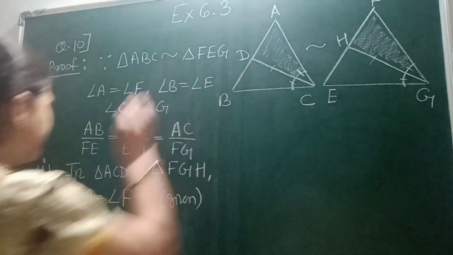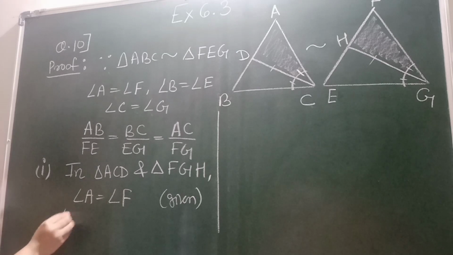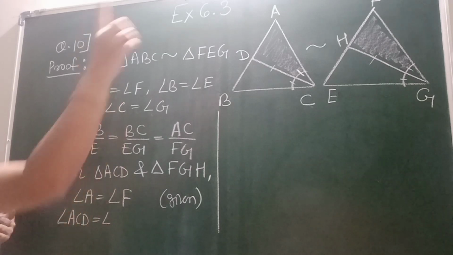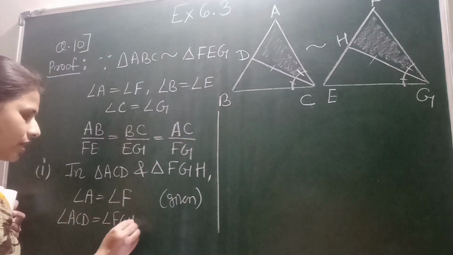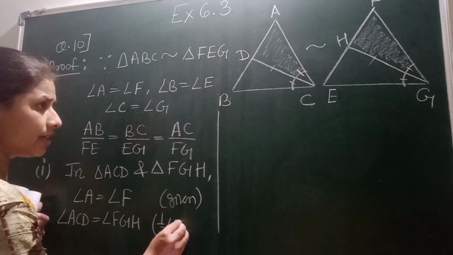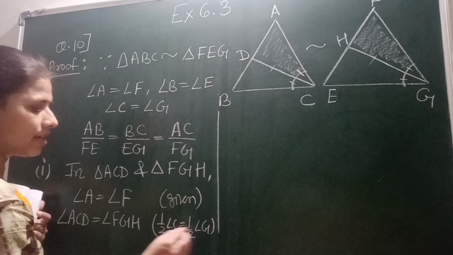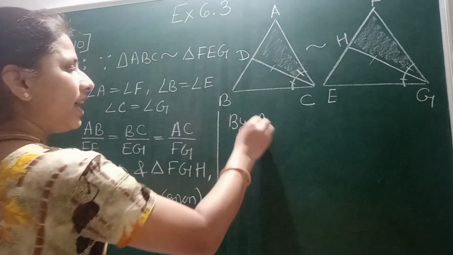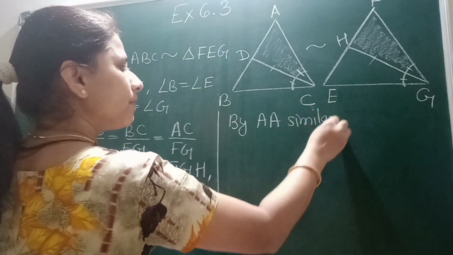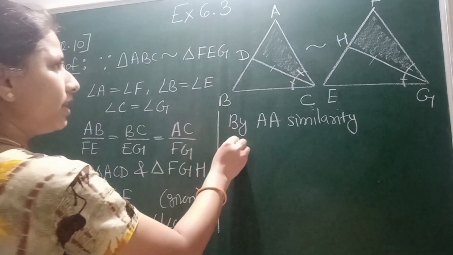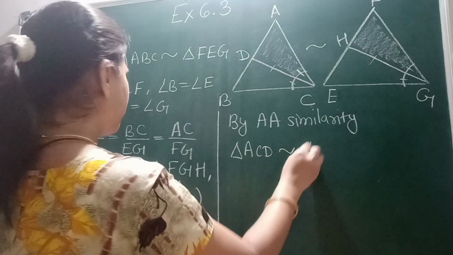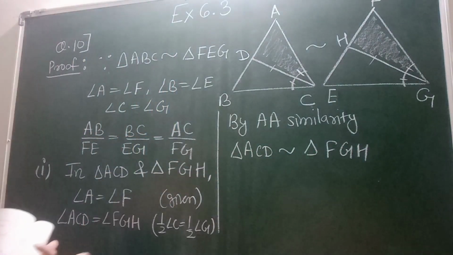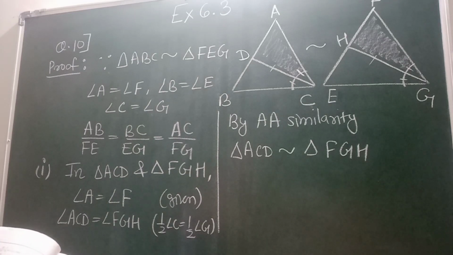Angle ACD equals angle FGH, half of angle C equals half of angle G. So by AA similarity, triangle ACD is similar to triangle FGH, and the ratio of their corresponding sides will be equal by the definition of similarity.